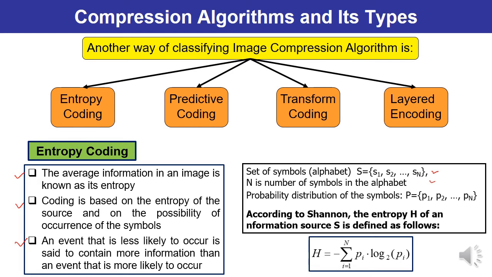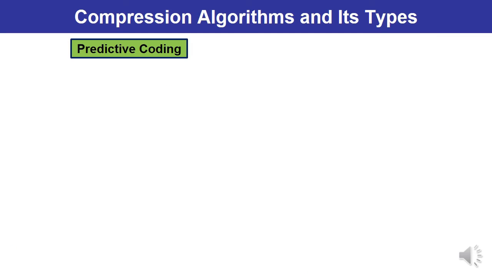According to Shannon, the entropy of an information source can be defined as H equal to the summation of all terms, minus pi log pi. You must remember here the base of log is 2. You must have solved many numerical questions in digital communication based on information theory, so you must remember this formula as well.